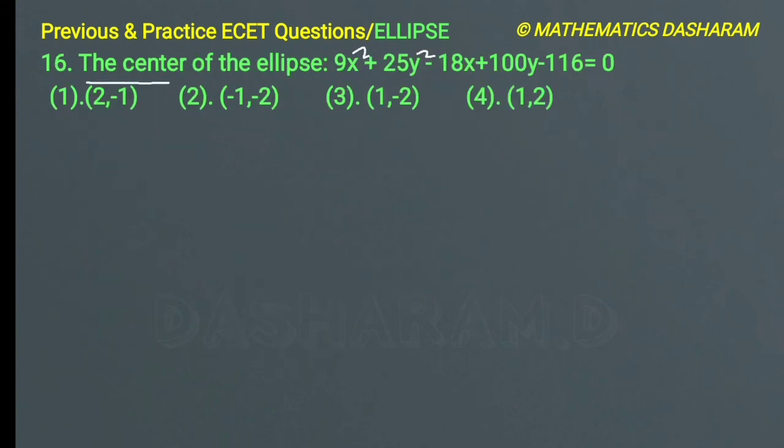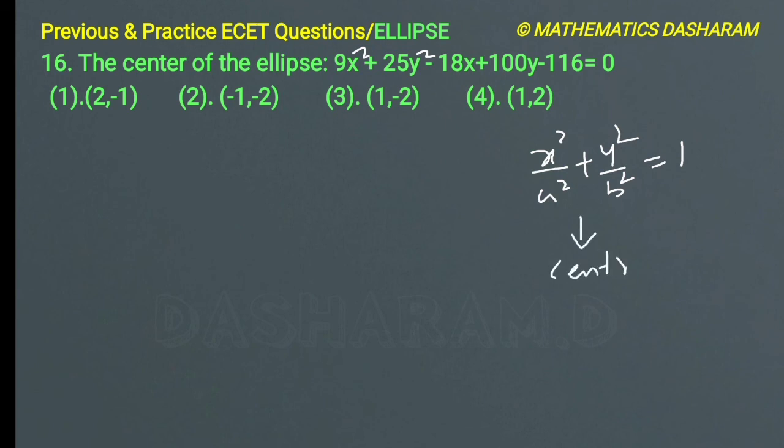16th problem, the center of the ellipse 9x square plus 25y square minus 18x plus 100y minus 116 equals 0. Generally, the standard form of an ellipse is x square by a square plus y square divided by b square equals 1. Then its center is 0, 0.